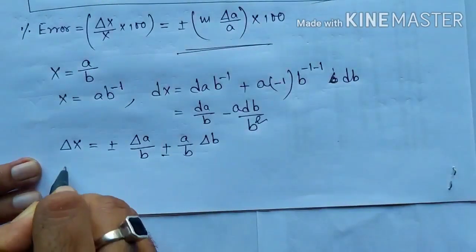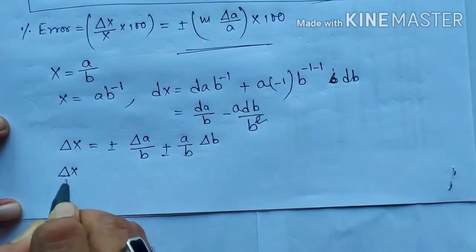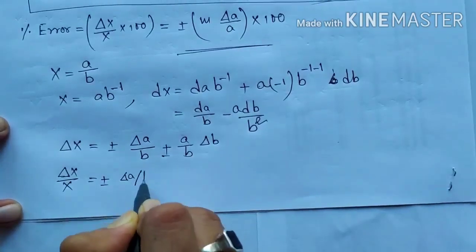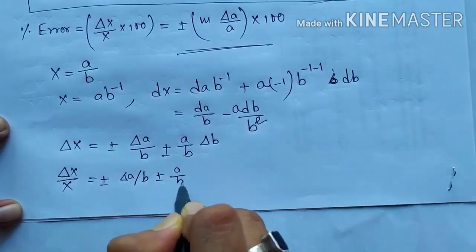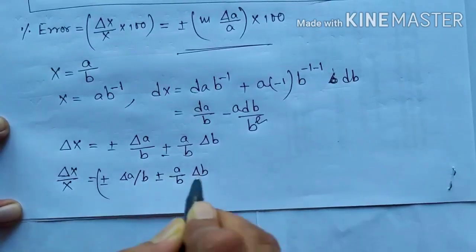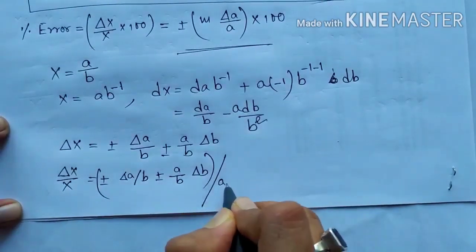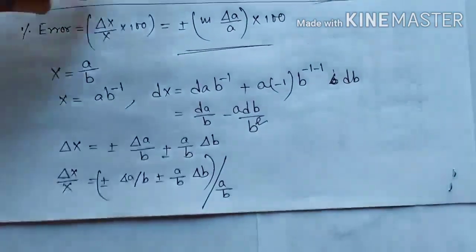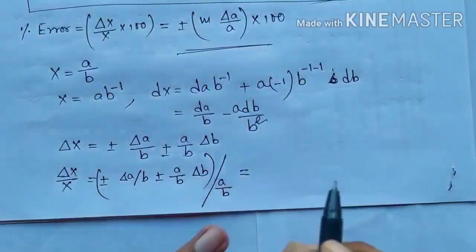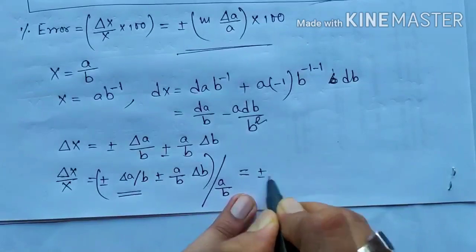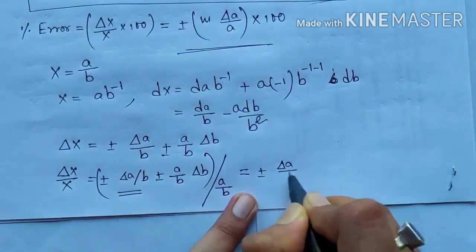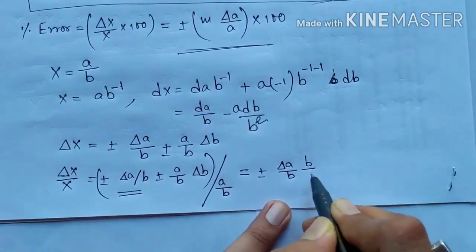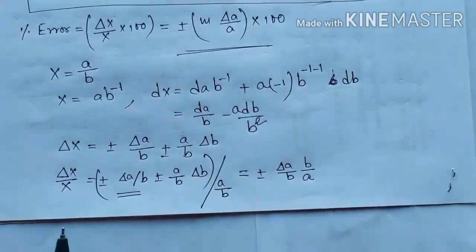So delta X by X, this will be plus minus delta A by B plus minus A by B square delta B, whole divided by X, and X is A by B. So first I am treating this term, plus minus remains, delta A by B divided by A by B. So divided by A by B, that means it will be B by A. So first term gone.